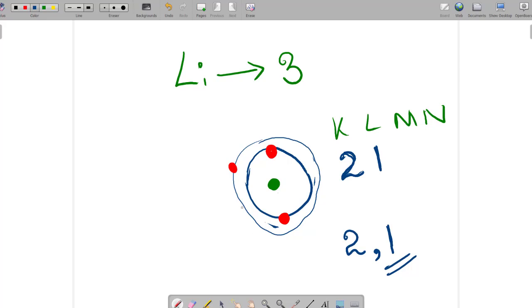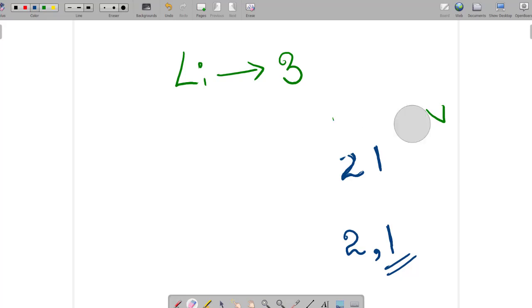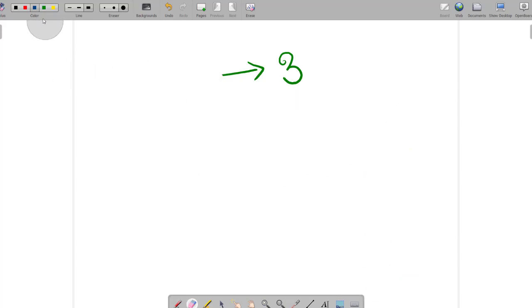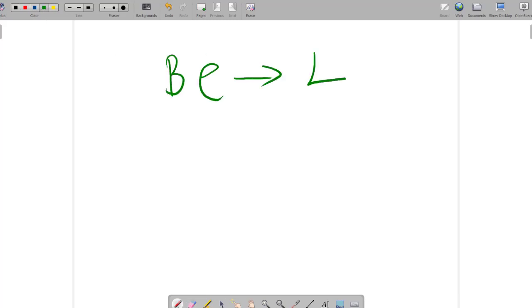Then next one: hydrogen, helium, lithium, then what? Beryllium. Beryllium is in the 4th position. Right, it means the number of protons is 4 inside the nucleus. Now you try to draw.